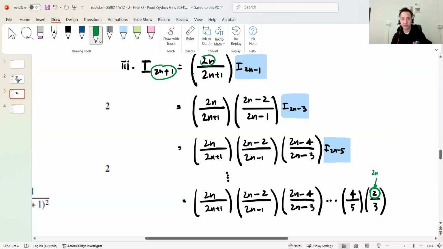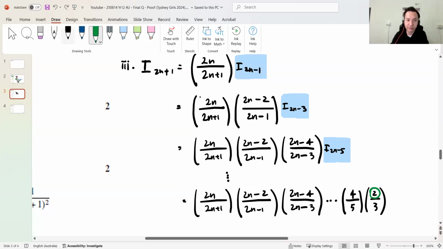Yep. So when this is 2n plus 1, this is n. So right now n equals, when that's 2 times 1, I3. This is I3, right? Yep.